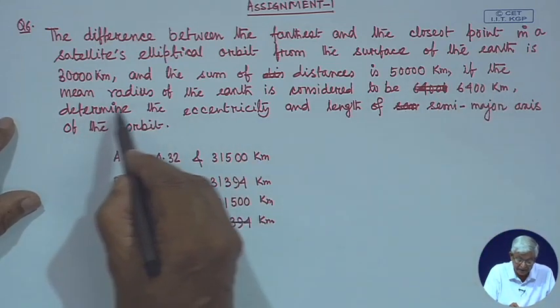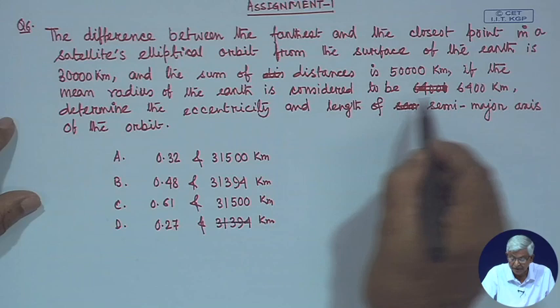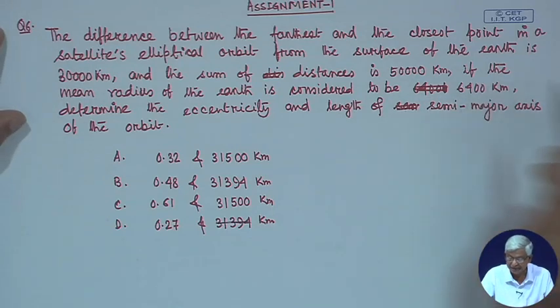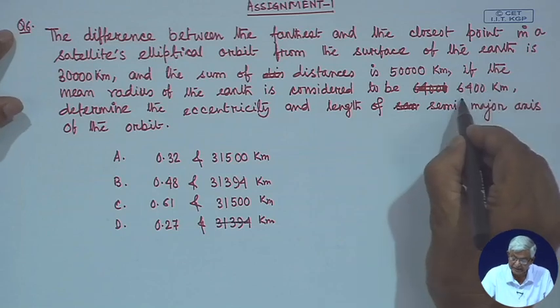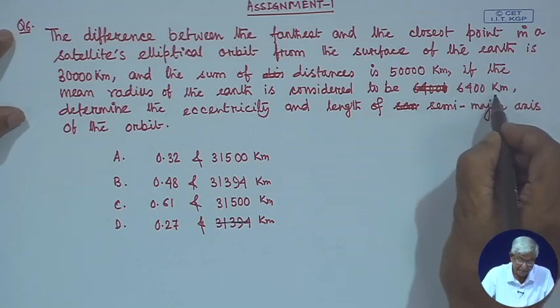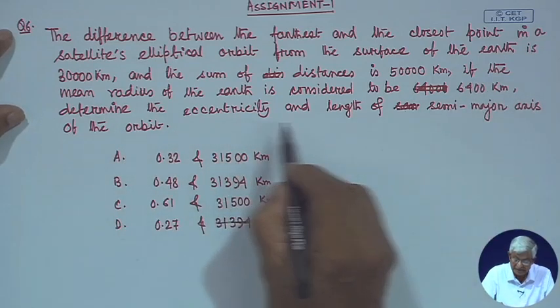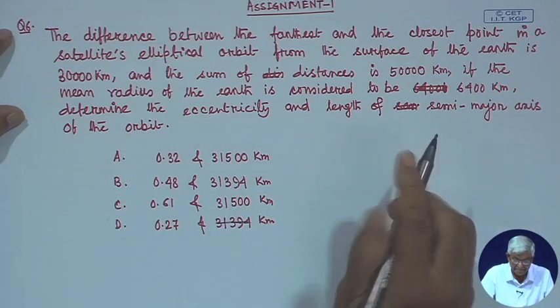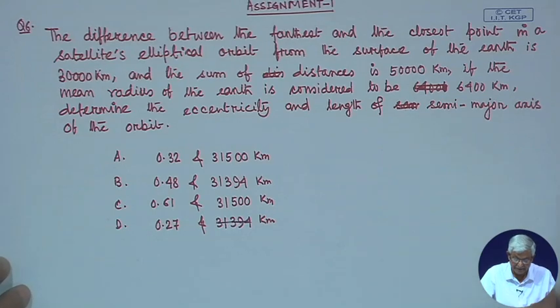If the mean radius of the Earth is considered to be 6400 kilometer, in this case some number which is not 6378, which generally we take, determine the eccentricity and length of the semi-major axis of the orbit. It is a problem of an ellipse. So, let us try to solve this problem.